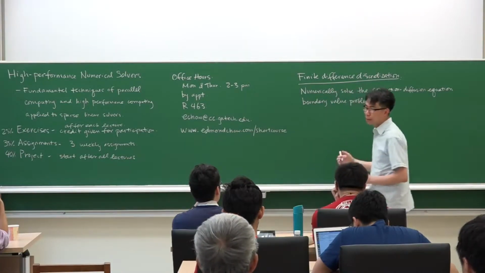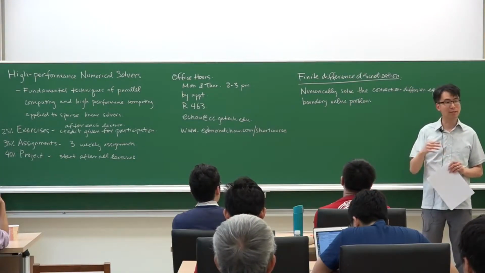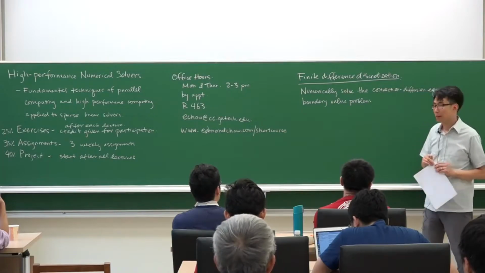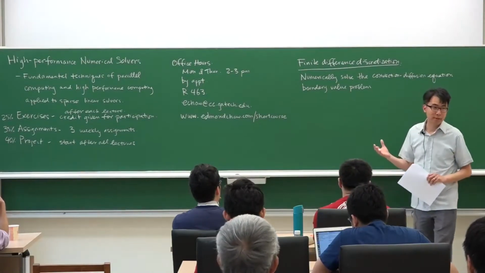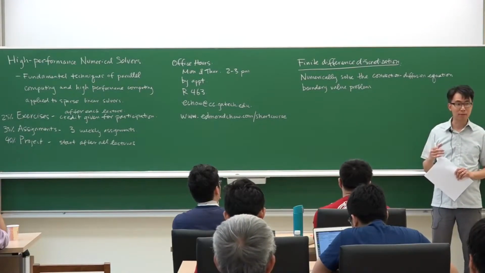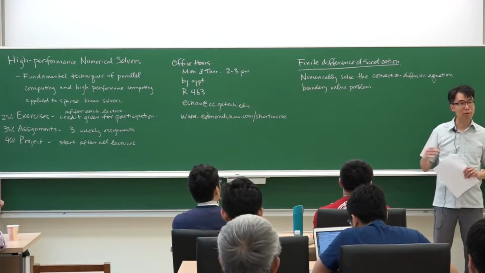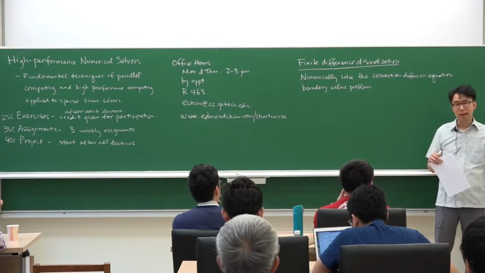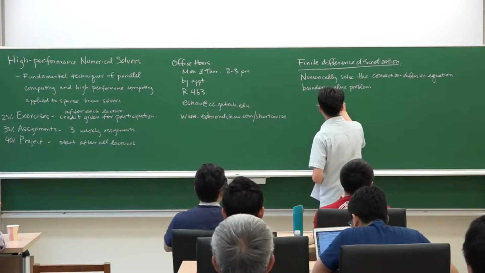Okay, so instead of starting with just a diffusion equation, because some of you may have seen a lot of these before, I'm just going to start with a slightly harder problem, a convection diffusion equation. And this convection diffusion equation that I'll write down is one that has been used a lot in studying iterative methods. So it has a parameter in it, you'll see, the convection parameter. And by adjusting the parameter, you can make the problems have slightly different character. Okay, so the unknown variable will be u.